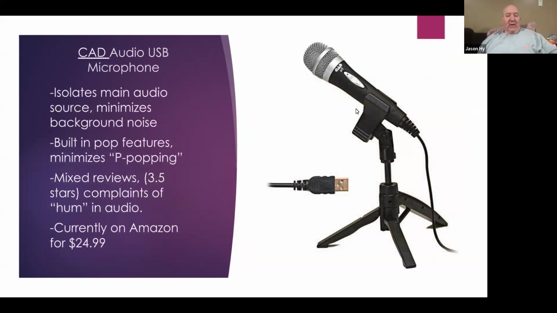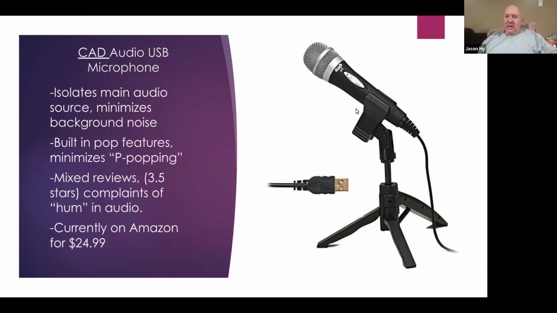If you want to go out and purchase a microphone for yourself to improve your quality of audio, great. This is a CAD audio USB microphone. It isolates the main audio source, which is you. You want to probably have this set up just off camera, right here to the left or to the right of your laptop.